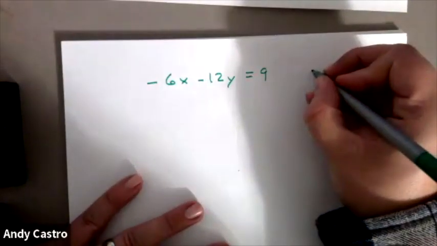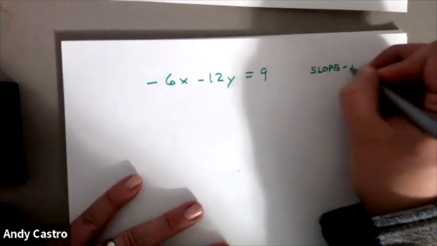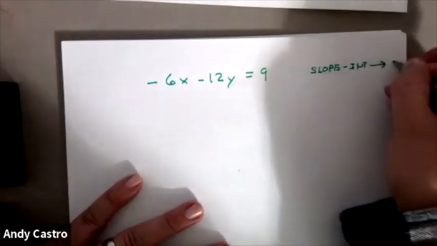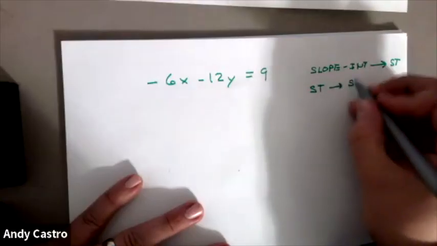So before we went from slope-intercept form to standard. Now we're going to go from standard to slope-intercept.